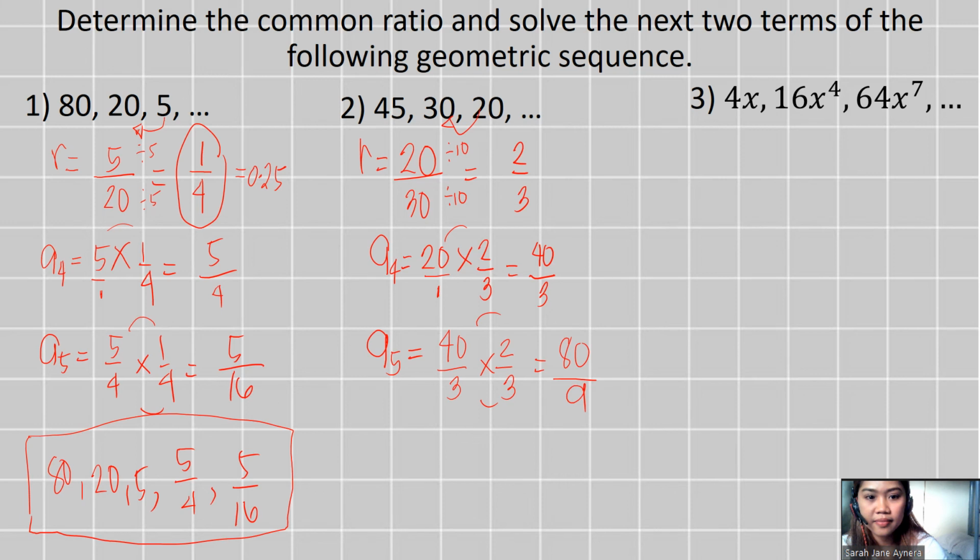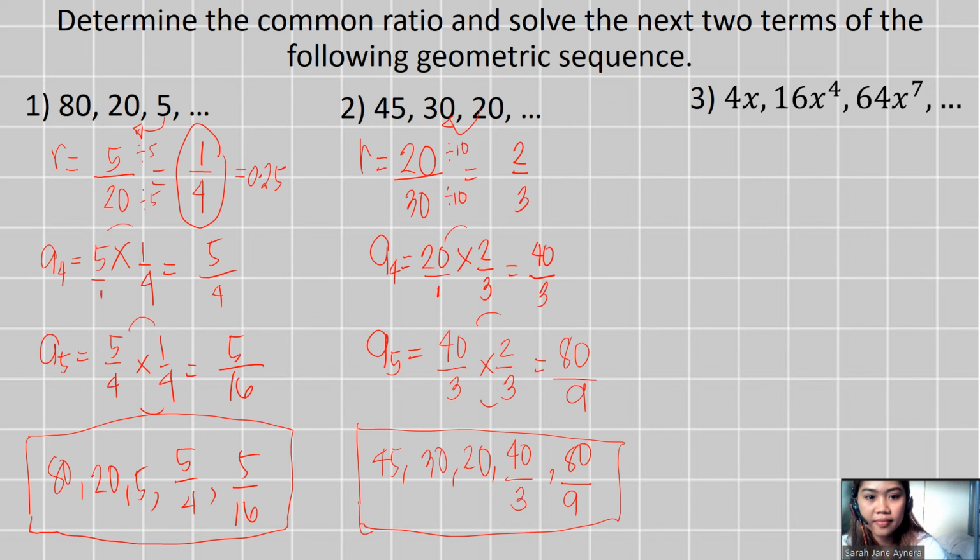So, the first 5 terms are 45, 30, 20, 40 over 3, and 80 over 9. This is now the geometric sequence for number 2.